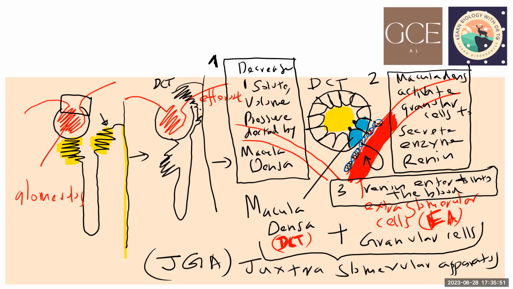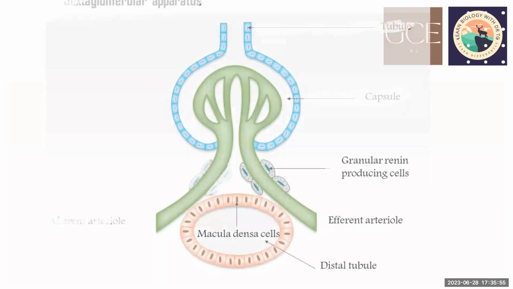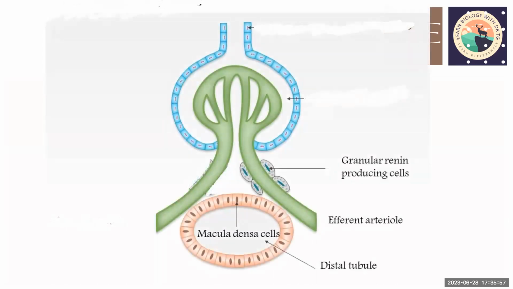If you have any question, you can ask. If you don't have any question, I can start. What happens at the fourth level? Now here, I took this picture to show you how this is organized. The distal convoluted tubule, and these are the macula densa cells, and those are granular cells producing renin.